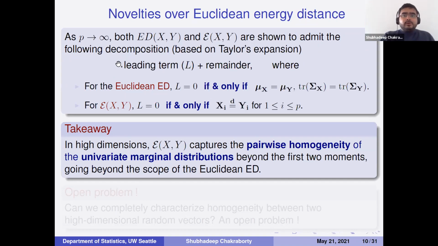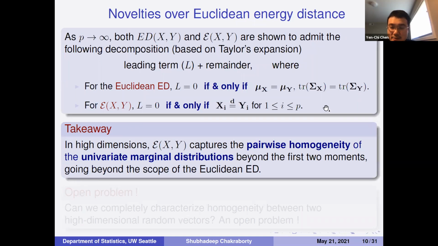So it's because of this decomposition, to see what this leading term captures, and the remainder, of course, is negligible. When you talked about power analysis, we had some theoretical results on the power studies for the generalized energy distance. But I think this is the key to look at. Thanks, Dave.